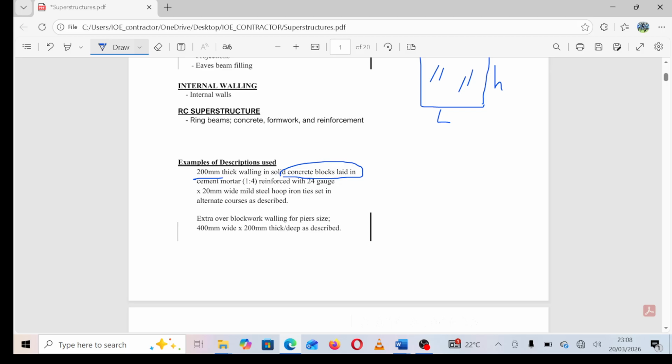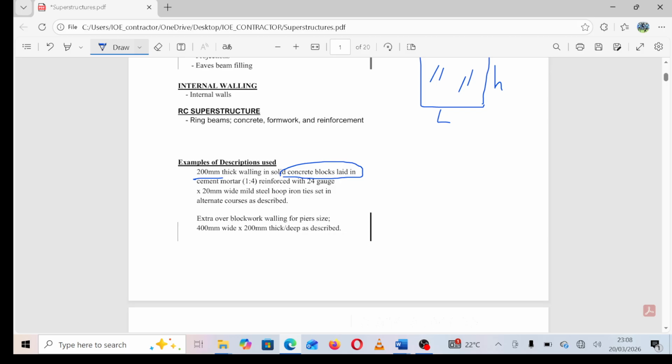It depends on the specifications, but usually it's advisable to use either well-burned clay bricks or solid concrete bricks for purposes of security, and usually solid blocks are really good for external walling.